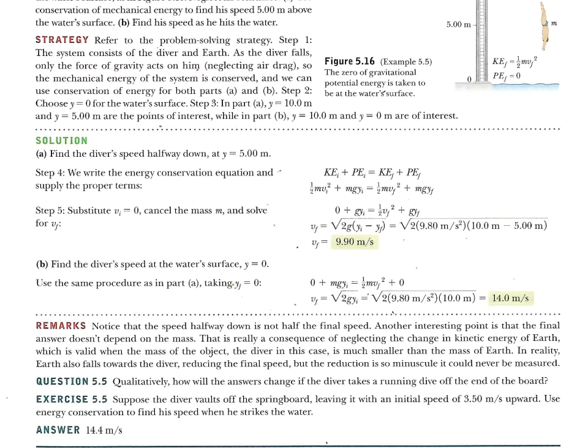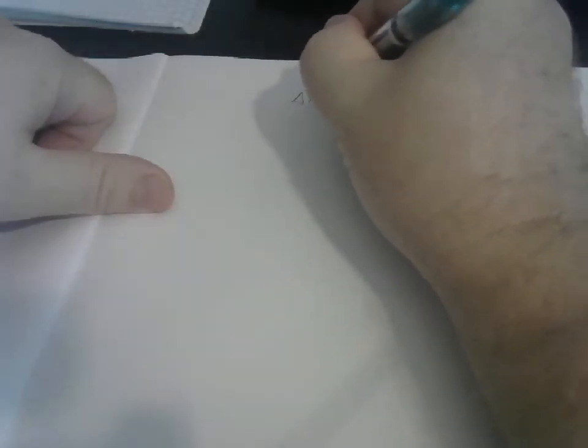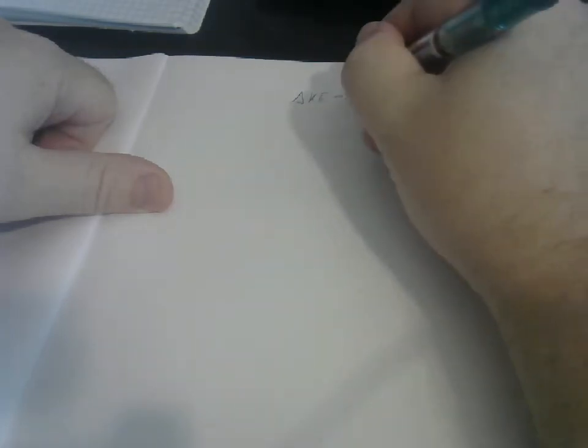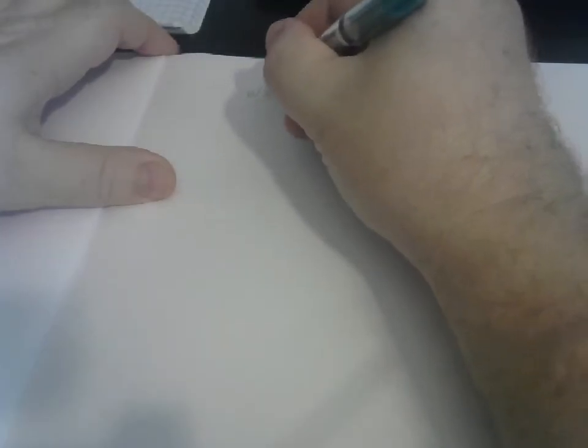I am actually going to try change in kinetic energy equals negative change in potential energy. I think that's how it works, right? Your potential energy goes up as your kinetic energy goes down, and that's also equal to the work.